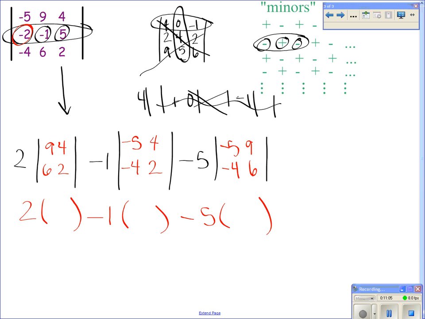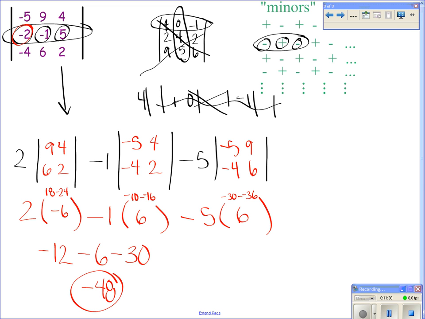We multiply diagonally. We've got 18 minus 24, negative 10 minus negative 16, and then negative 30 minus negative 36. So we've got negative 12 minus 6 minus 30. Questions?